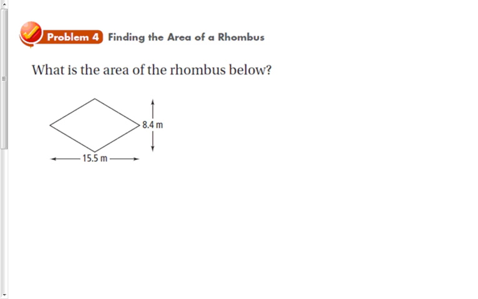Okay, find the area of a rhombus. Again, the formula for finding the area of a rhombus is 1/2 the product of the diagonals. So we need to know the diagonals here, and the diagonals of this one will be the same as this distance here, so 8.4, and the other diagonal will be 15.5.